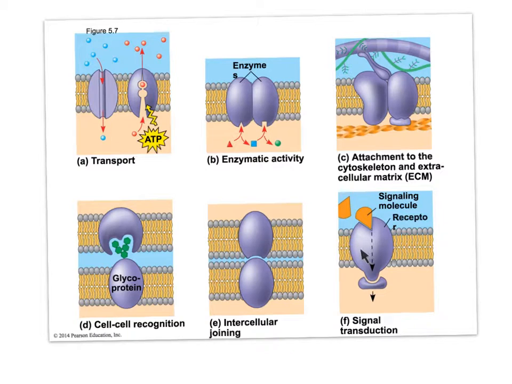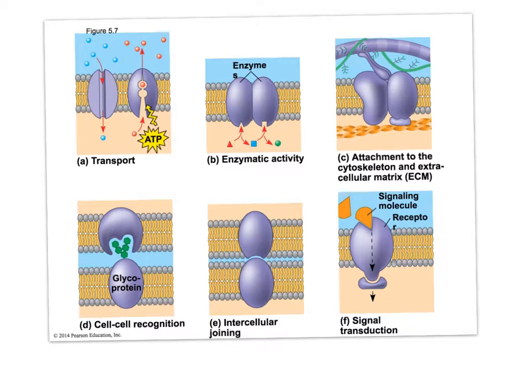Many integral proteins function as receptors. Okay? This is a receptor that will bind to its ligand, or the molecule that it's specific to. And then once it's bound, that starts what my graduate professor described as a cascade of intracellular events.